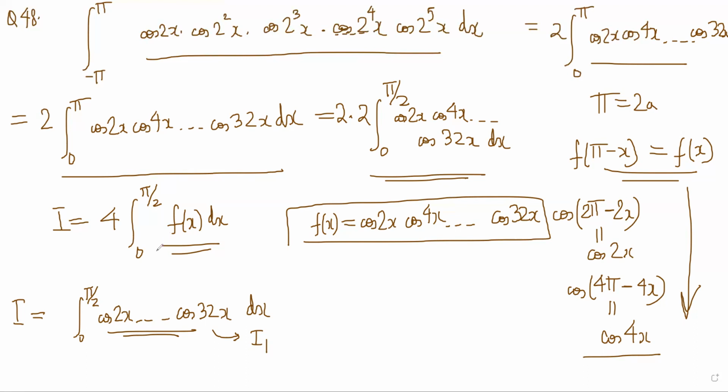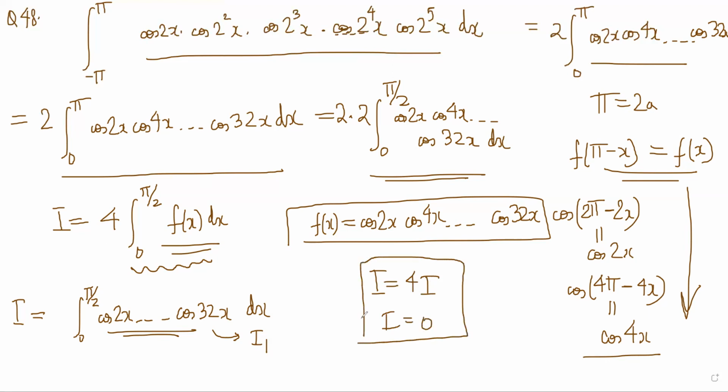And f of x looks like I itself actually, correct? So it feels like I is equal to 4I sort of thing is coming. So I must be 0. Or I'm unsure about this.